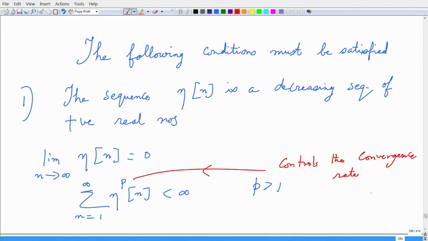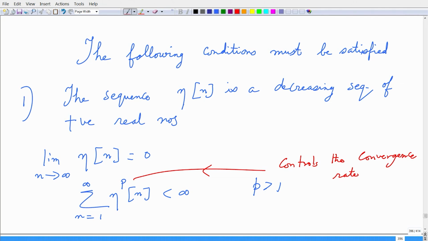The following conditions must be satisfied for the asymptotic stability theorem. The first condition is the sequence eta n must be a decreasing sequence of positive real numbers, and limit n going to infinity eta of n is 0, and if you take powers of eta as a function of n and sum this series, that should be finite, right.